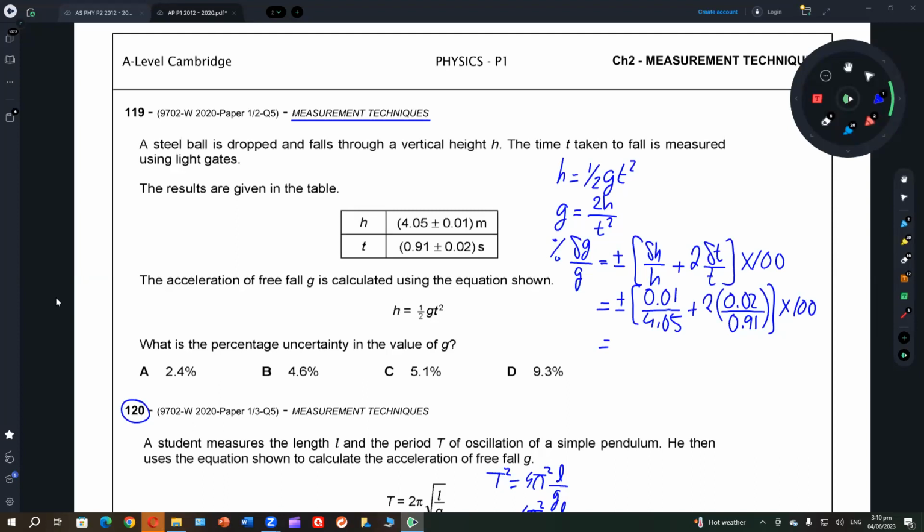It is coming as 4.6%. Can you repeat, 4.6%? Yes.